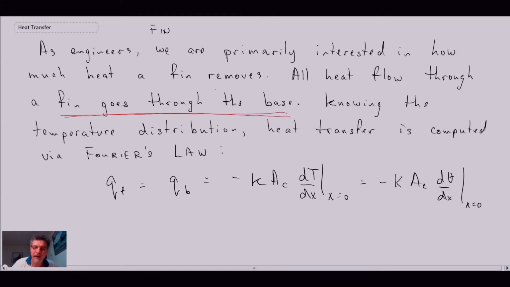So that's one thing. Another thing we are going to do is introduce a term called the fin efficiency, which makes it a little simpler when we're solving problems. Efficiency for engineers is always eta, with the subscript F for fin.